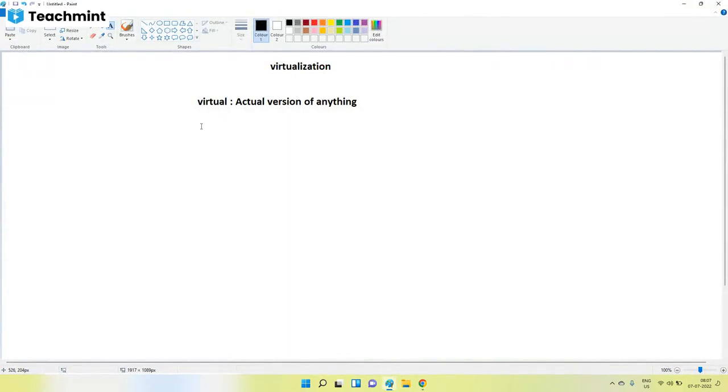Also, if you write something directly in a physical notebook and read it, you will understand something. Same thing if I write it on the notepad. If you read it, you will get the same output, the same knowledge. In the same way, depending on their business, people have taken virtual opportunities with the help of virtualization.